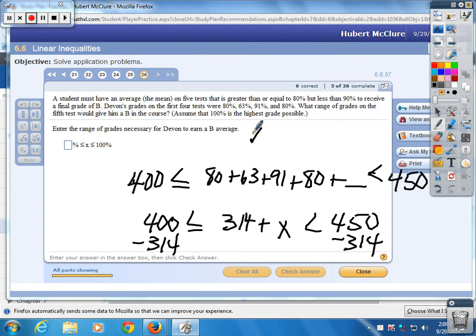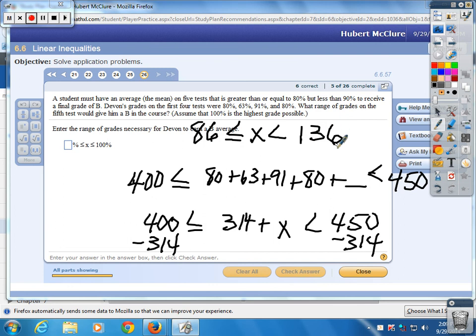So our grade needs to be between what? What's 400 minus 314? 86. And what's 450 minus 314? 136.